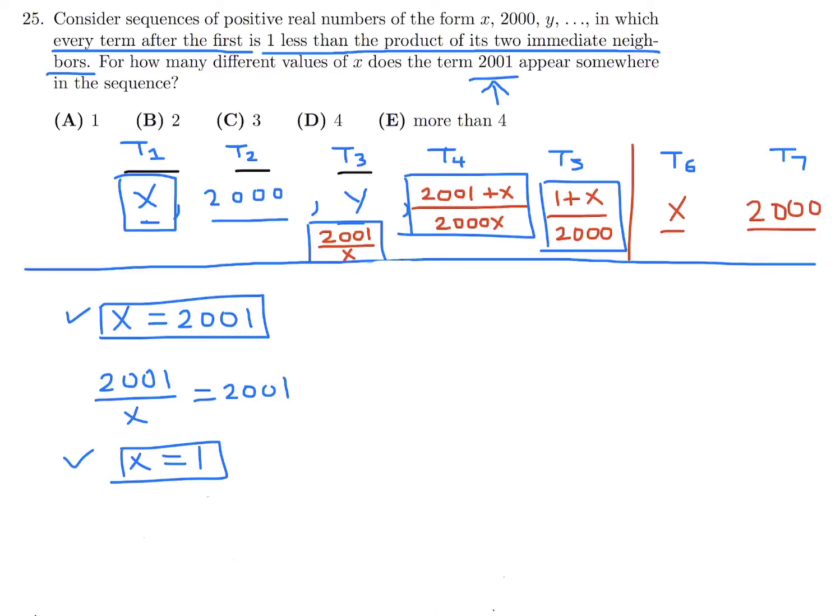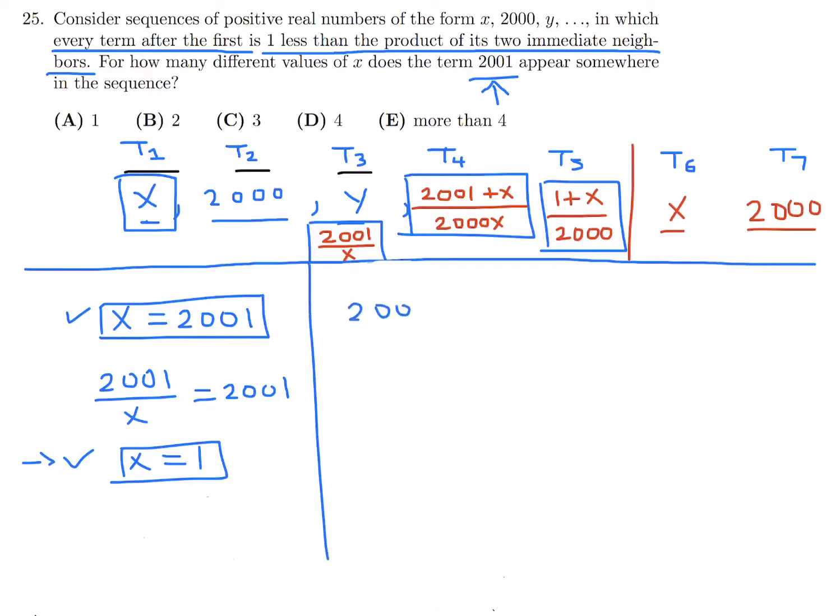How many different values of x does the term 2001 appear somewhere in the sequence? All right. So if we let x equal 2001, the term 2001 will appear in the sequence. It will be T1. If we let x equal 1, this T3 becomes 2001, and therefore the term 2001 will appear in the sequence.